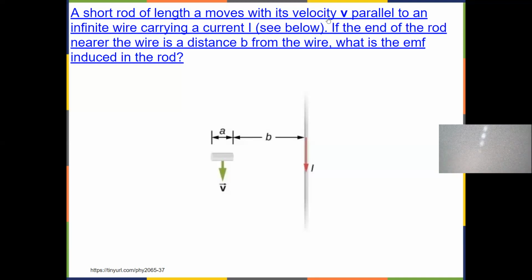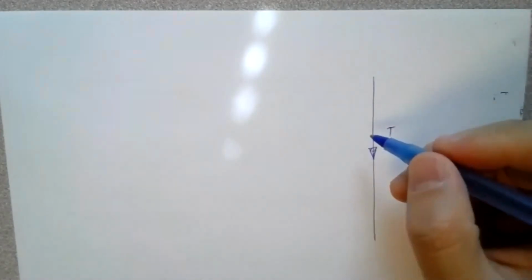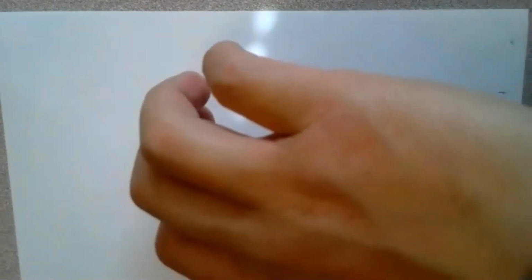But we can actually analyze the scenario here similar to the problem in the previous case. Okay, so in this case, you have a wire carrying current I. So then there will be magnetic field induced by this I. You are going to point your thumb in the direction of current, your fingers curl in the direction of the B field.